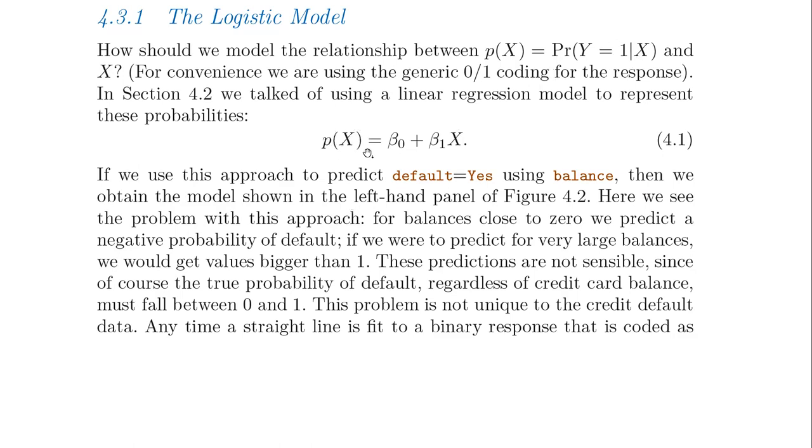So this is not the probability of X. This is not the probability that, I don't know, you pick a random client of this bank and they have a balance of X euros.